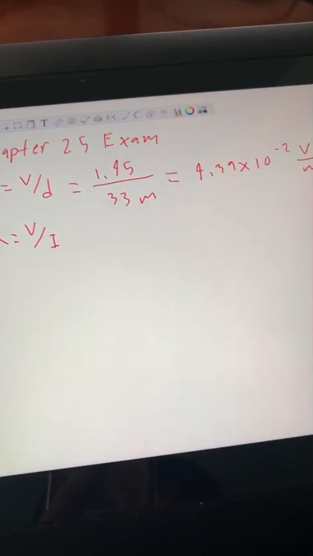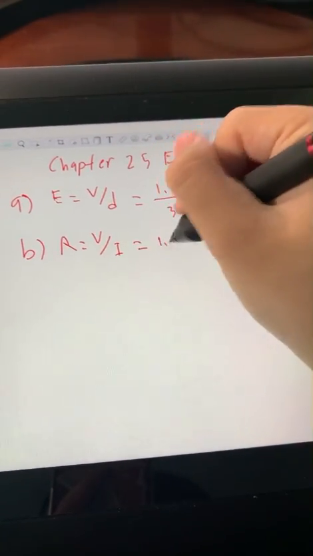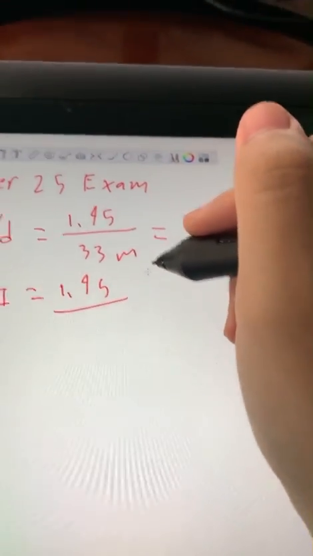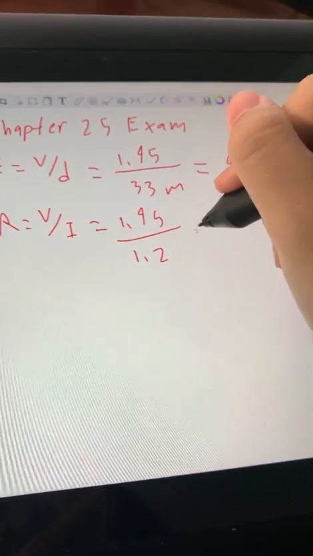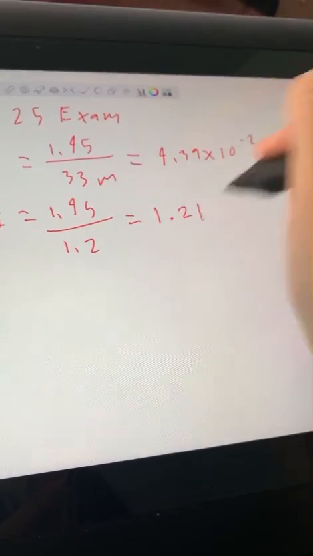We're going to use 1.45 again, but instead of 33 meters, we're going to use 1.2 amps for I. So 1.2, and when you calculate this, you get 1.21.